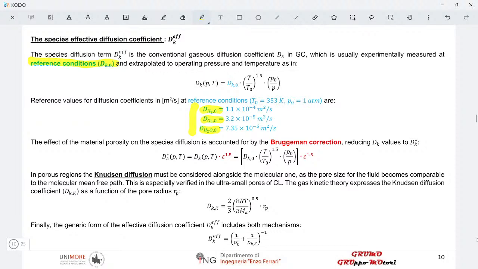I just underline here that for hydrogen, this coefficient is already 1 order of magnitude higher than the other species. This is one peculiarity of hydrogen. Hydrogen diffuses at an extremely higher rate than the other species. This is also why, when we talk about the deficiency of a reactant, the transport of hydrogen is never really an issue. Hydrogen diffuses, so it spontaneously transports much, much faster than the other species.